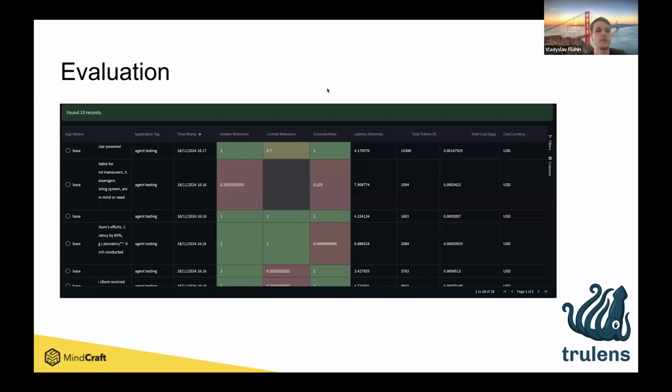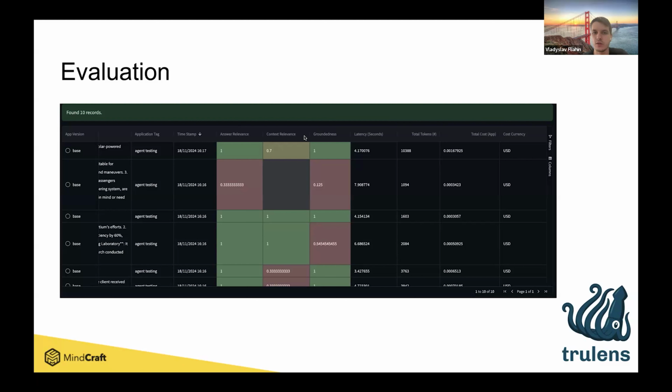Evaluation. One of the main aspects of assistants is knowing how to evaluate them. For this purpose, we have utilized the TruLens framework that has a term called the RAG triad that consists of three main metrics.